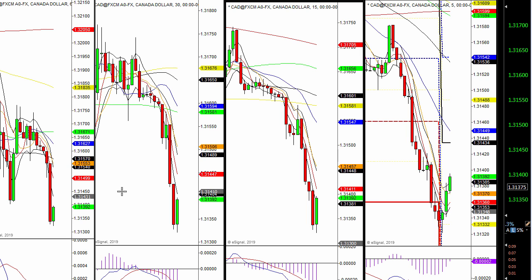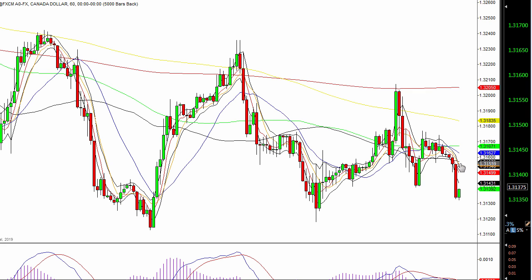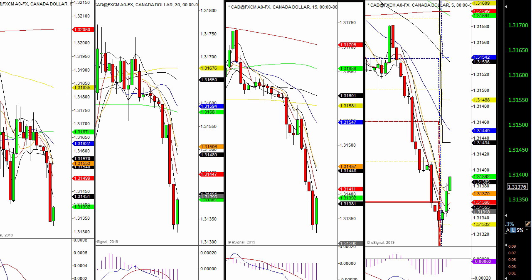So that's the plan, with a stop just above the hourly bar, at the hourly high here. This one is a momentum play, so it shouldn't need too much of a retrace. If it comes up as far as that, I don't want to be in it. All of a sudden it's not a momentum play anymore. It's doing something else. So we'll see how we go.